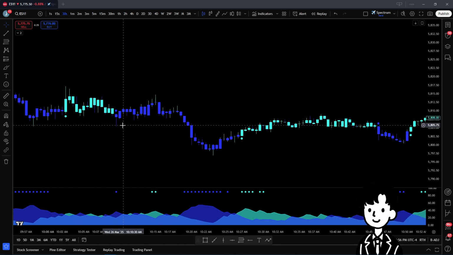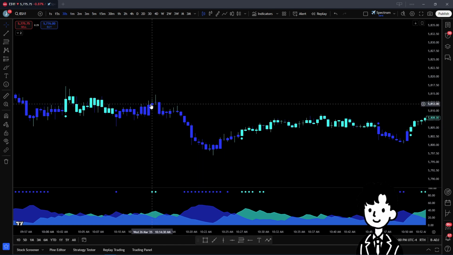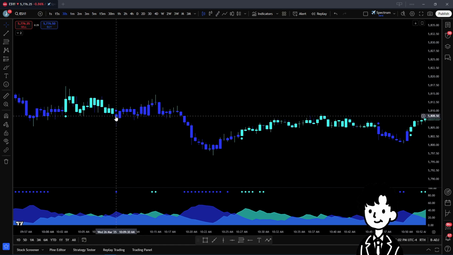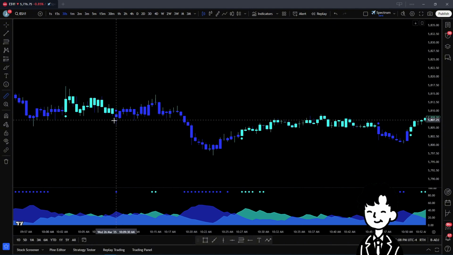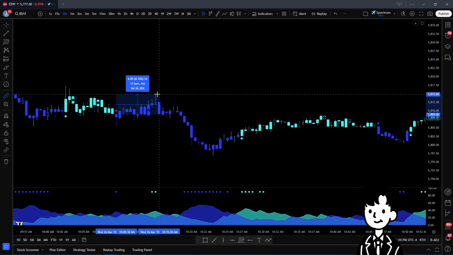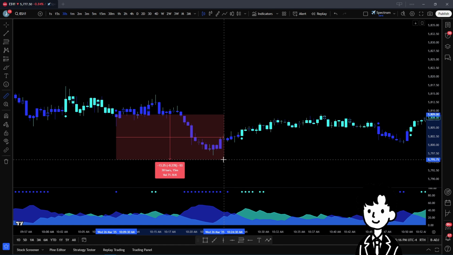Usually, some people like to wait for 2 dots to form consecutively with the same candle color. So here you would have been in drawdown, and then you could enter here. Is it like a 5.6 point stop loss?